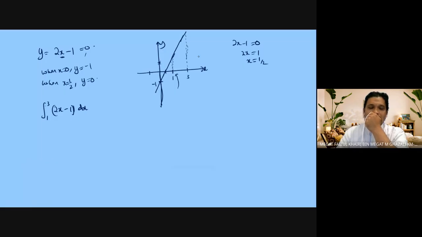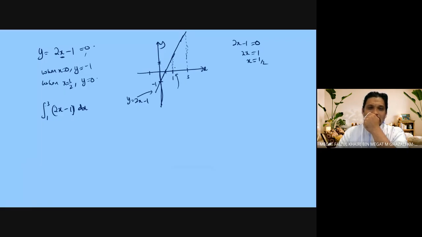So the integral here is to find an area. This is the linear graph of y equal to 2x minus 1, and then we integrate from 1 until 3.